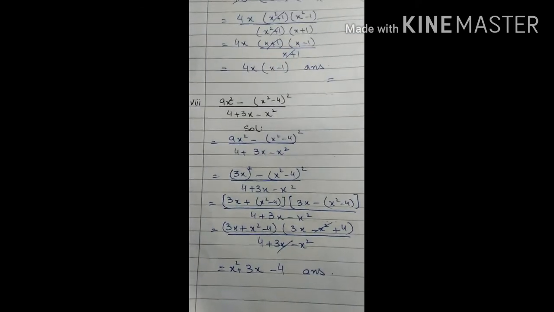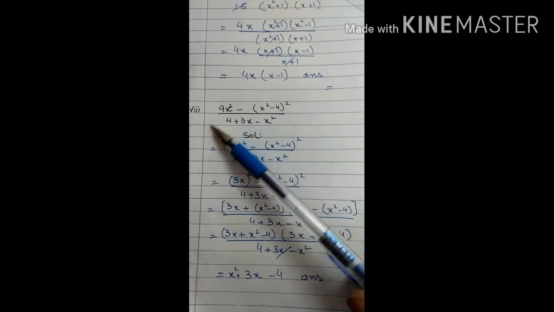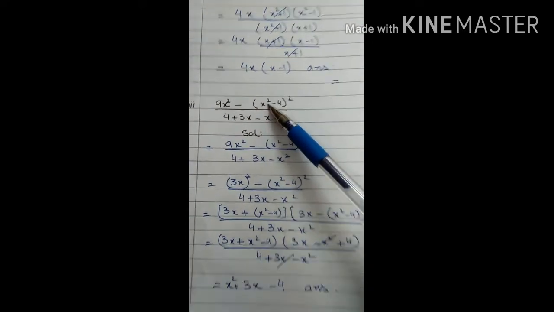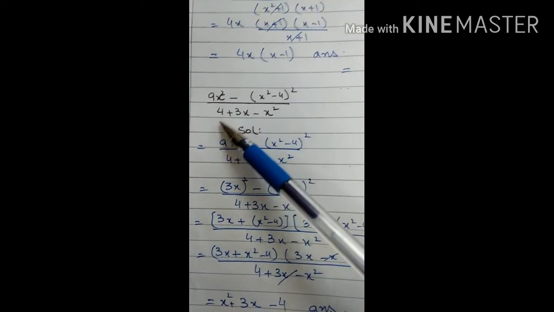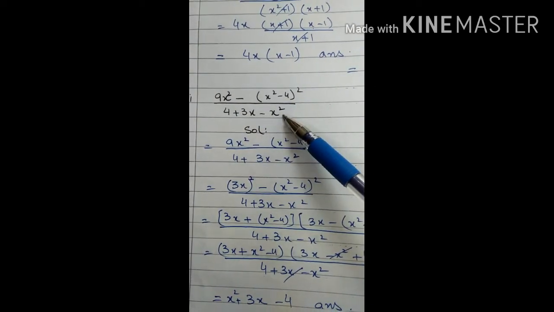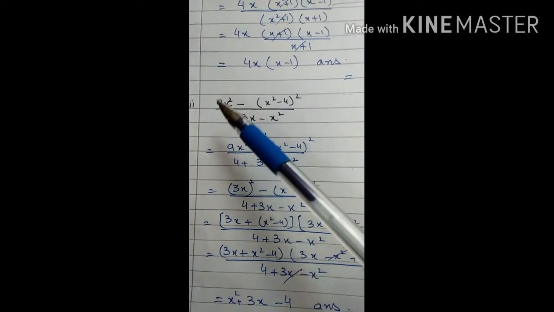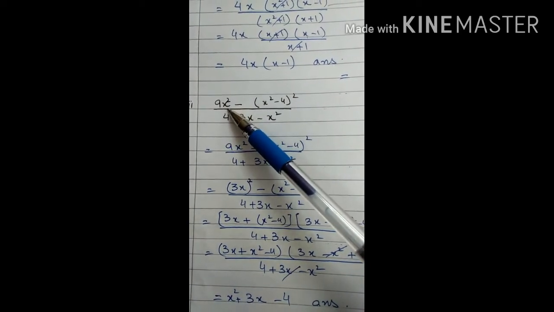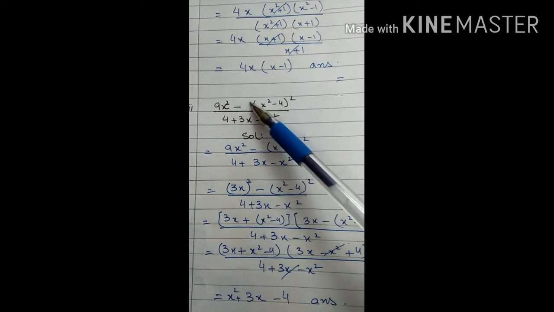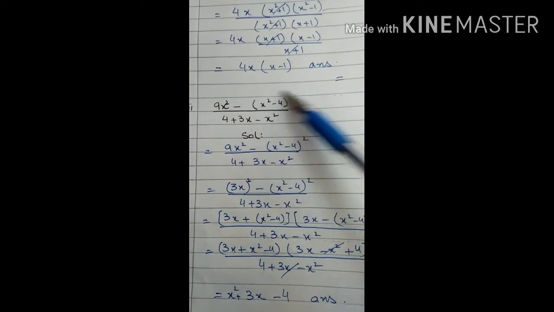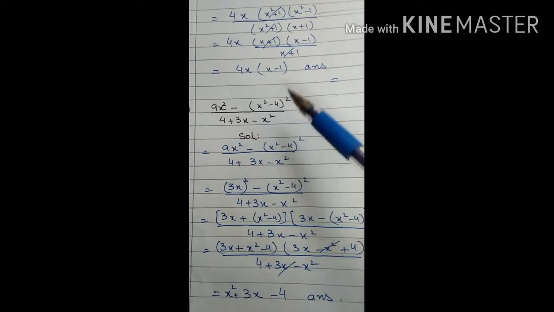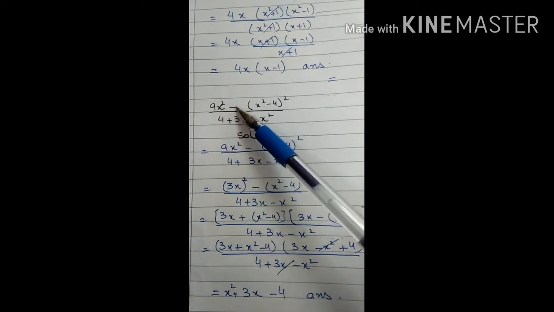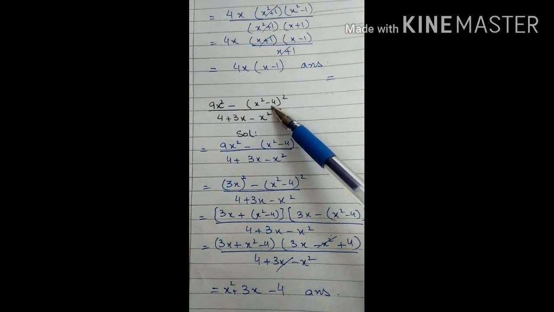The last part of the question is 9x square minus (x square minus 4) whole square, over 4 plus 3x minus x square. 9x square is the square of 3x. We consider this as a whole one term and apply the formula of a square minus b square.